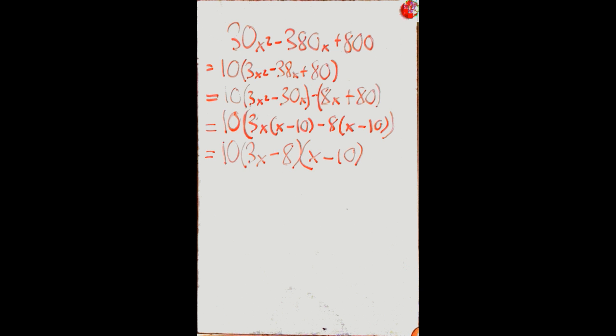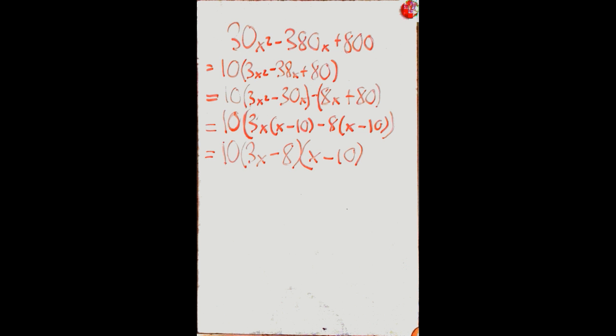Then we have to apply factoring by grouping, since there are 4 terms. In the first parenthesis go the first two terms, 3x squared minus 30x, and the other parenthesis is 8x minus 80.